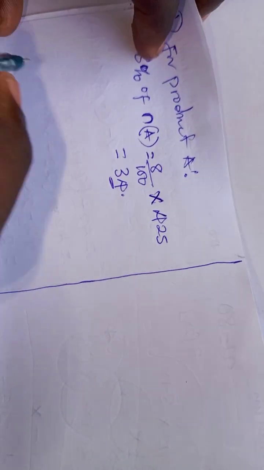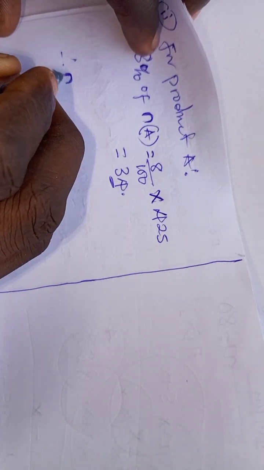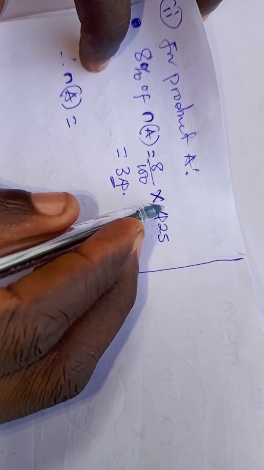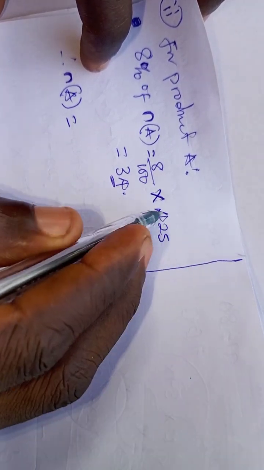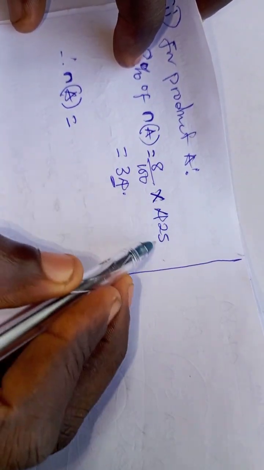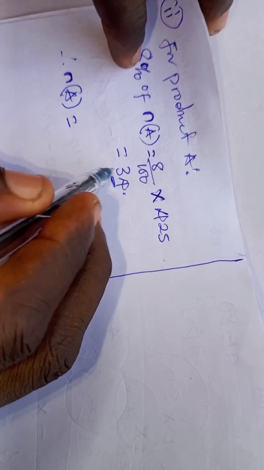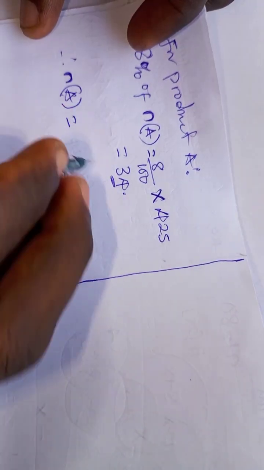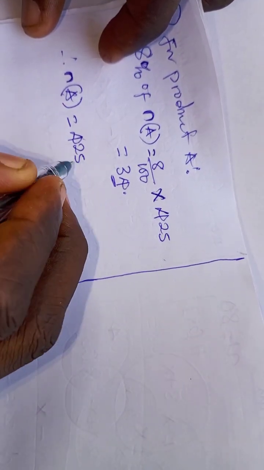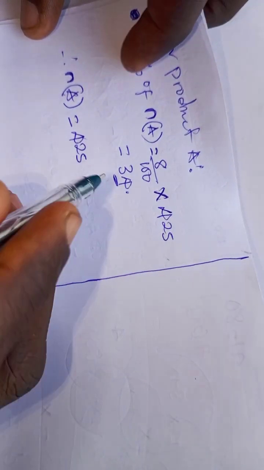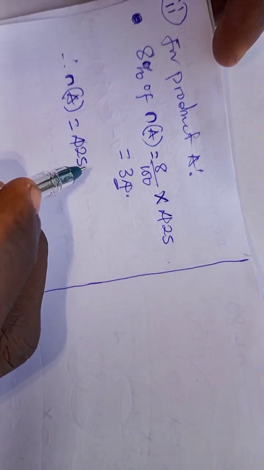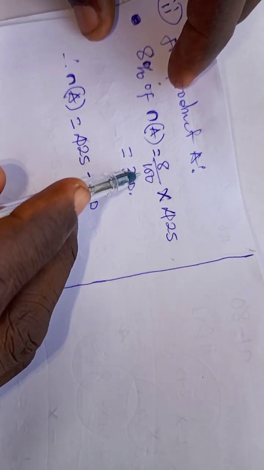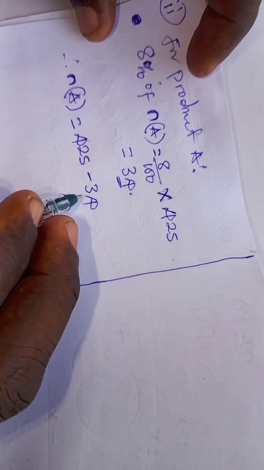So this means that the remaining number of persons that like product A after being reduced by 8% will be equal to the number of customers that liked product A initially, 425, minus 34, which is the reduction of 8%.